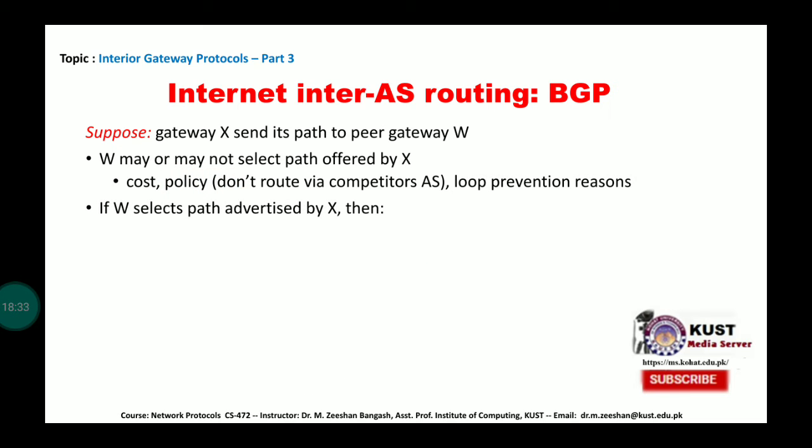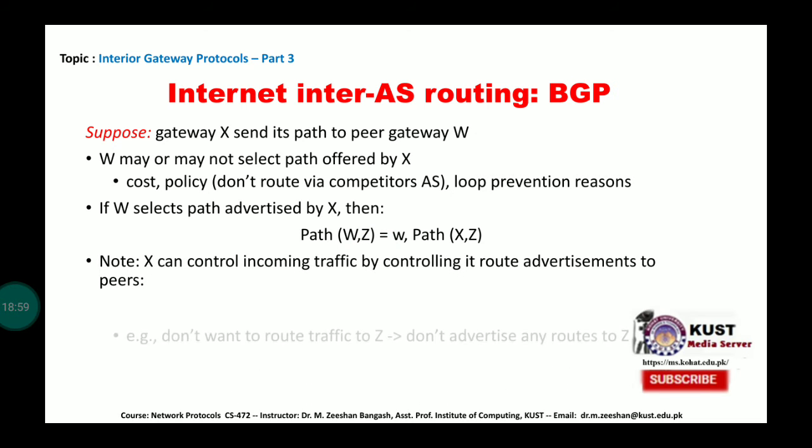So if W, however, selects the path advertised by X, then W, which is accepting the path, and X already has the path to Z, so now W has the path to the gateway router Z as well.